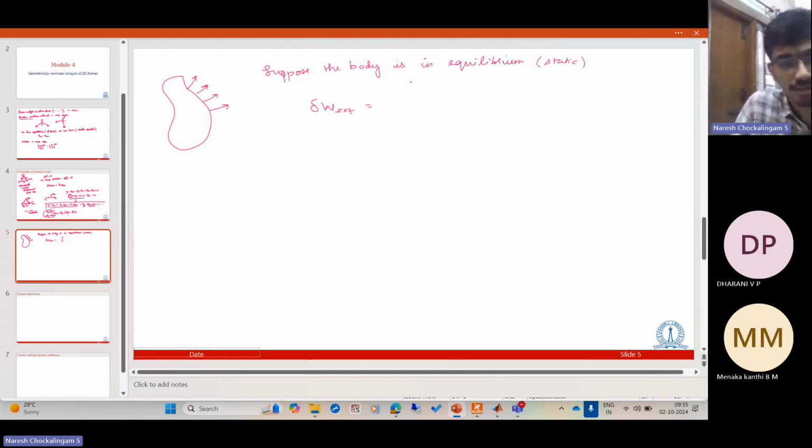You can just think of it as the net external work done. Let me just put it as a summation. If there is a distributed force, you have to integrate it over the area over which it's acting. We can also have some restraint here. So the net external work done is defined as summation of f dot del u.